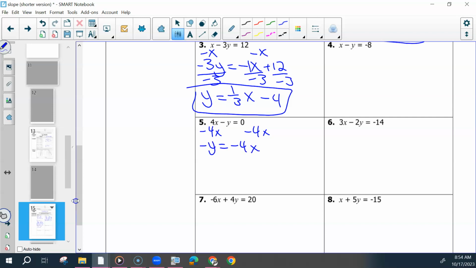So in this case, you can put +0 or you can leave it off, it's up to you. To get y by itself, divide by -1. There's an invisible 1 in front. So this one you can either leave as y equals 4x, or if you've added the 0 and divided, you can put y equals 4x plus 0. Either or doesn't matter.